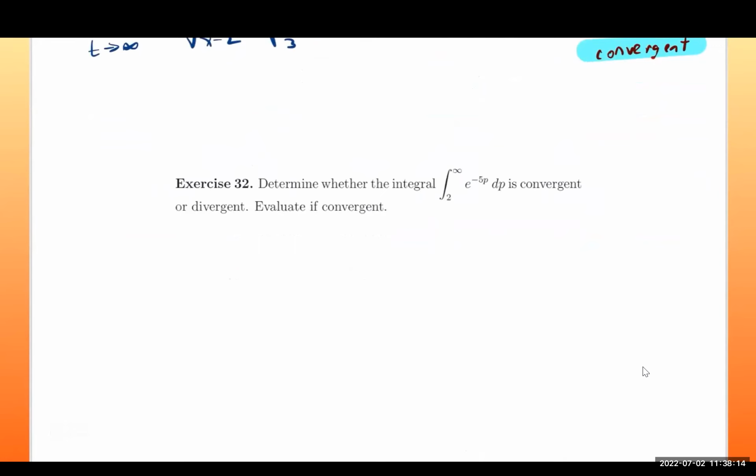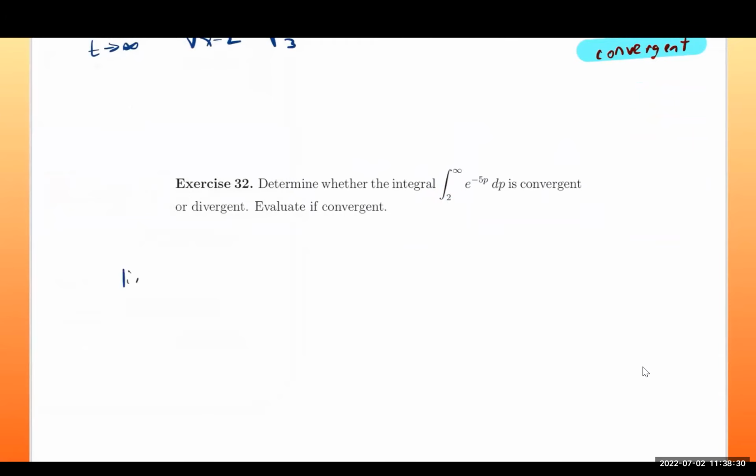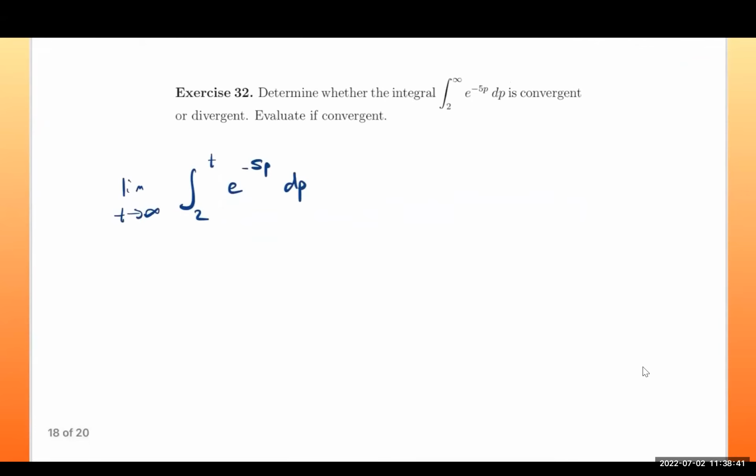All right, let's look at the second problem. Example number 32 says determine whether the integral is convergent or divergent. Same directions, evaluate it if it is convergent. So once again, we're going to apply definition 1, part A again, because the constant is the lower limit. So this can be written as the limit as t approaches infinity of the integral from 2 to t of e to the negative 5p dp.